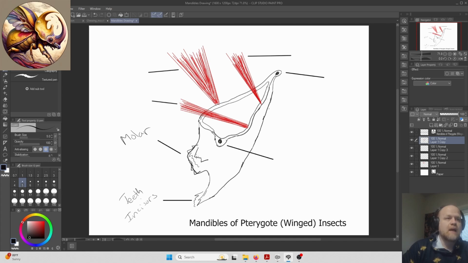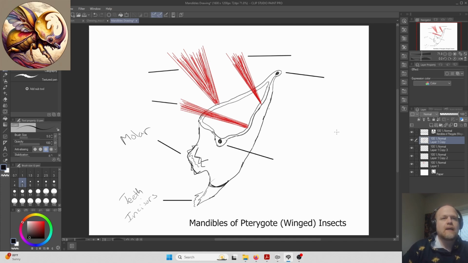So like in grasshoppers and in a lot of scarab beetles, which are root-feeding beetles for the most part, or leaf-feeding beetles, this area is extremely well developed, and the incisor area here will be very, very small or rounded off and blunted because they don't particularly need an incisor for anything.